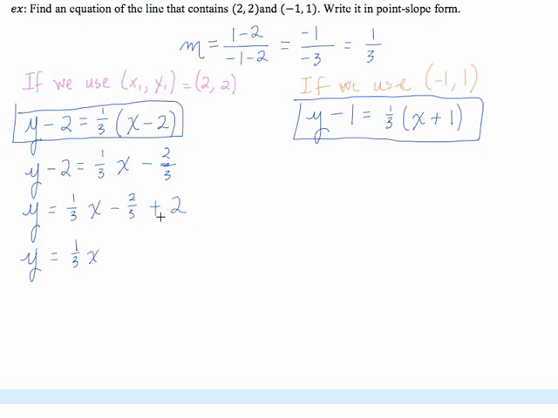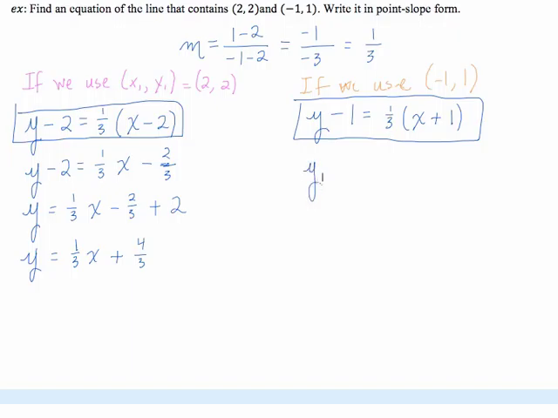Okay, so 2 minus 2/3 is 4/3. So positive 4/3 there. If you weren't sure how to do that in your head, you can do negative 2/3 plus 6/3. 2 is equal to 6/3. So negative 2/3 plus 6/3, those numerators, negative 2 plus 6 is 4.